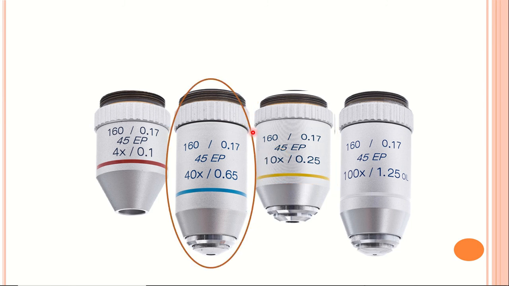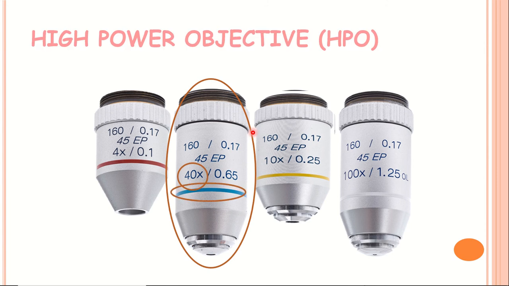The third objective is bigger than the scanner and low power objective, with 40X magnification and blue color. This is what we call the high power objective, or HPO.